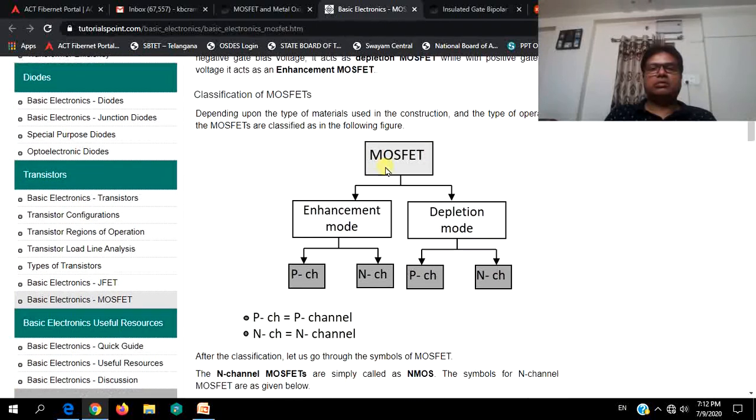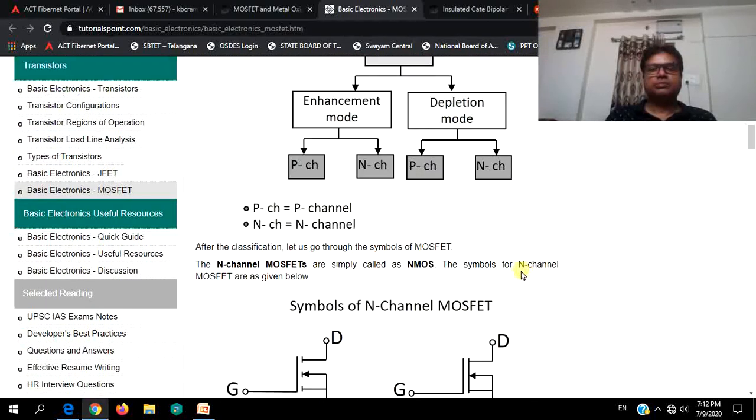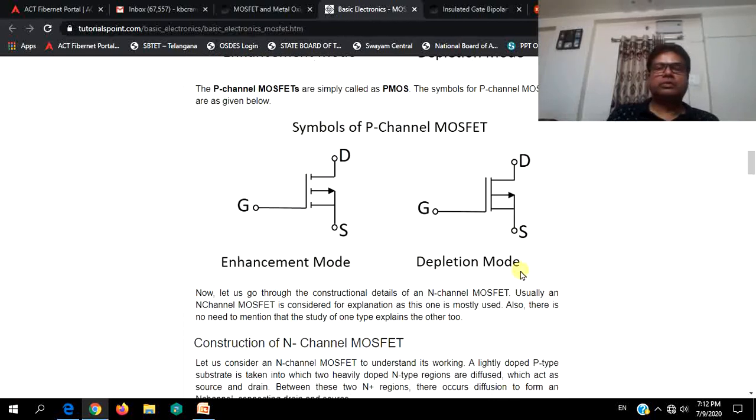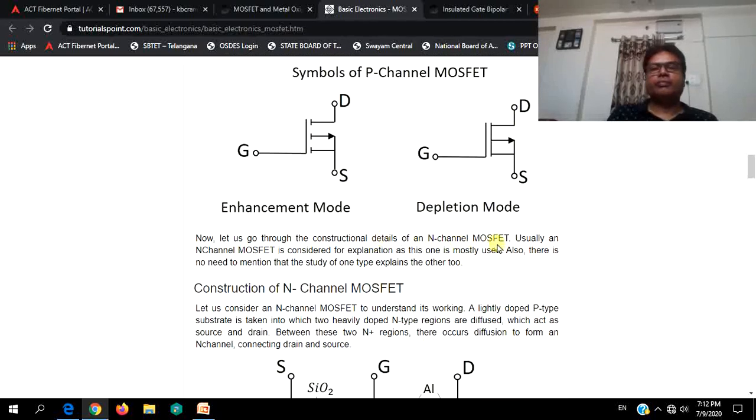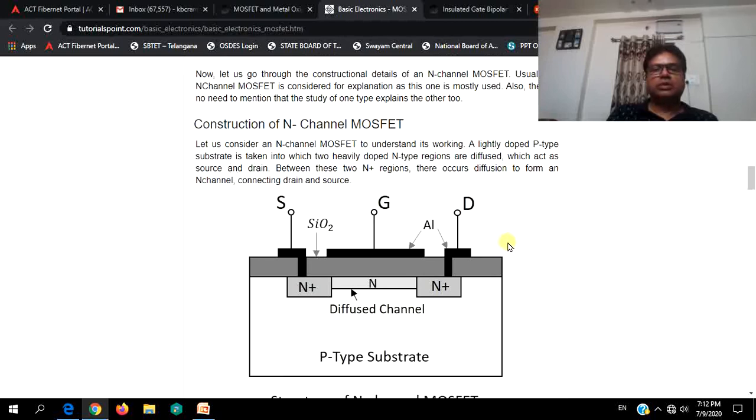So they are MOSFET enhancement mode, depletion mode, P channel, N channel. Some symbols likewise are given. This is the N channel depletion type of MOSFET.